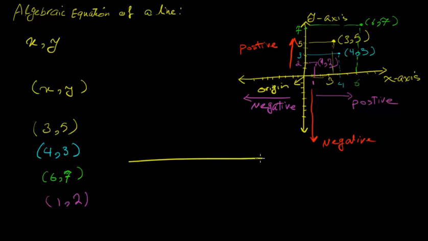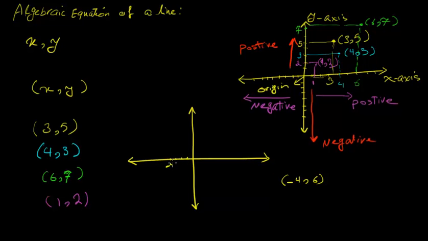So let's say this is our coordinate plane again, and we have numbers like -4 and 6. -4 means our x is negative, so we move toward the left. 1, 2, 3, 4.